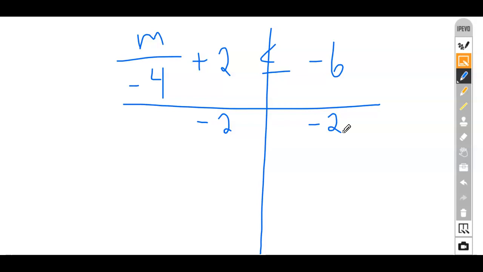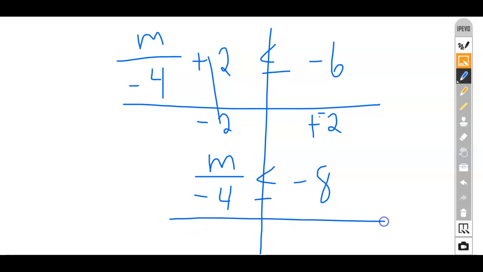Okay, so we are going to subtract 2. That leaves me with m over negative 4 is less than or equal to negative 8, right? Because I can't subtract negative numbers, I have to keep change. And now it becomes negative 6 plus negative 2, which is negative 8.